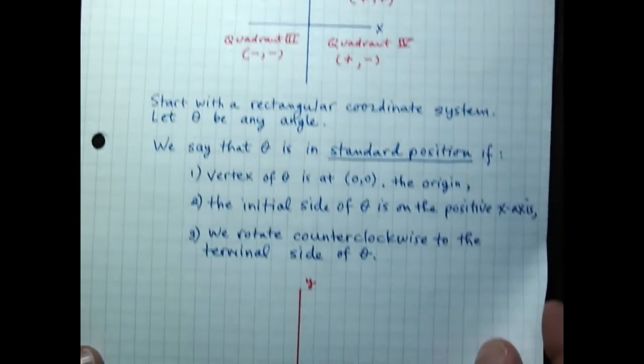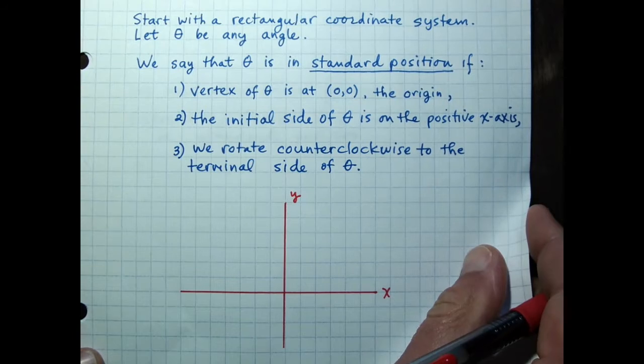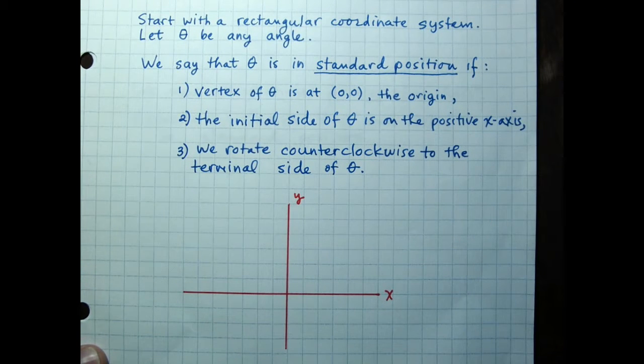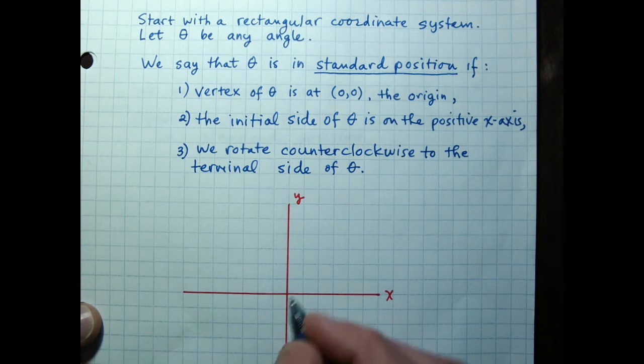Now let's start talking about standard position. So start with the rectangular coordinate system, and we're going to let theta be any angle at all. We will say that theta is in standard position if the vertex of theta is at 0, 0, the origin of the coordinate system. There's my vertex.